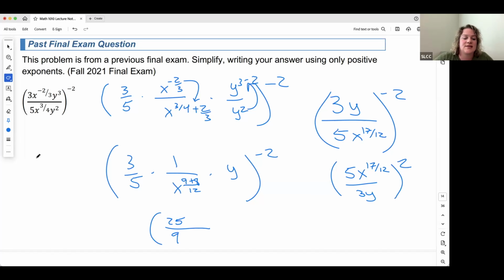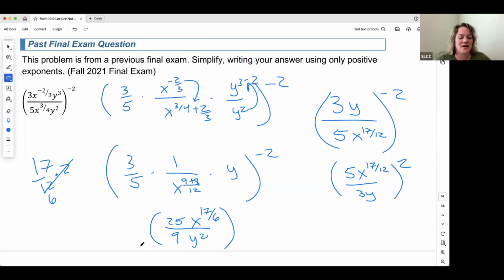When I square this, that's 17/12 times 2. Divide first. That simplifies to 2 divided by 12 is 1/6. So this becomes x to the 17/6. And then you also have a y squared in the denominator.